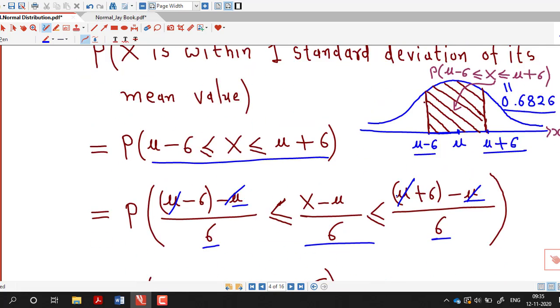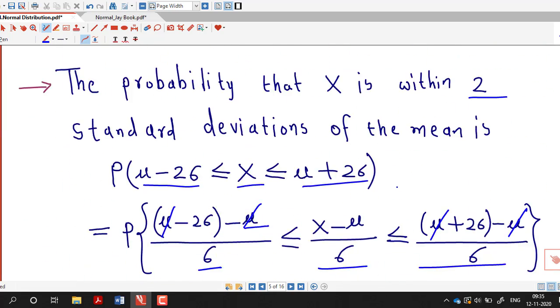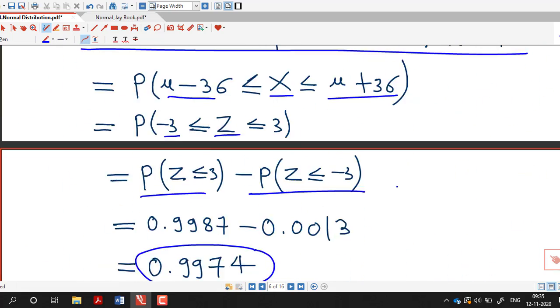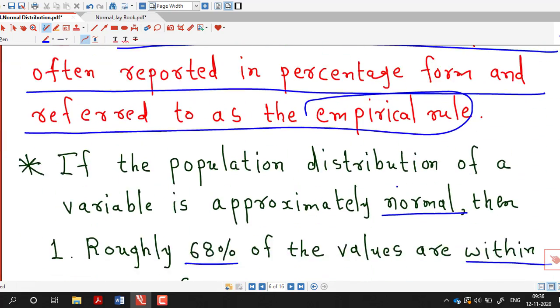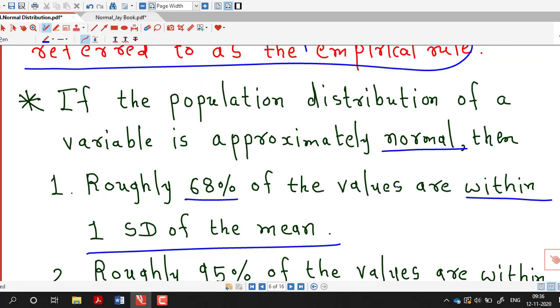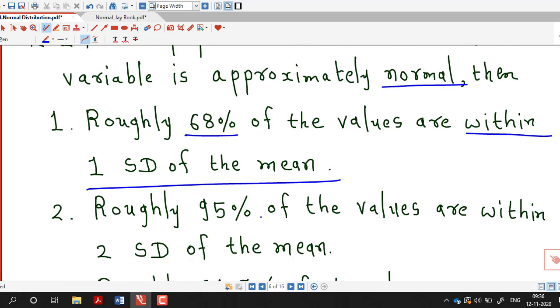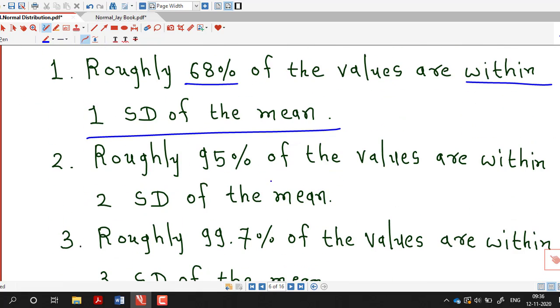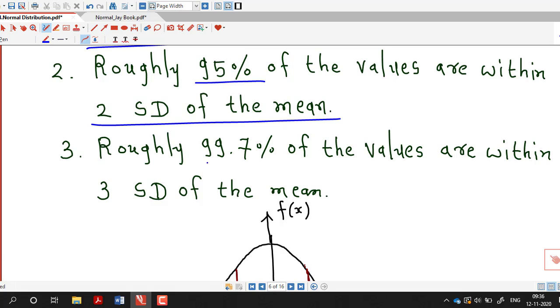That means 68% of the values are within 1 standard deviation of the mean. Similarly, 95% of the values are within 2 standard deviations of the mean, and 99.7% of the values are within 3 standard deviations of the mean.